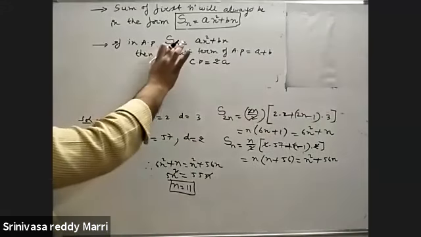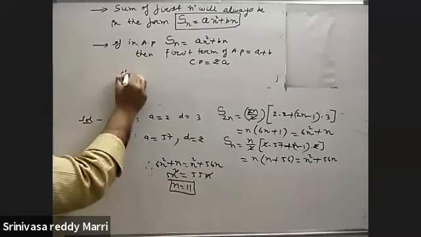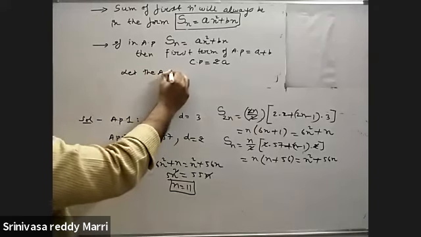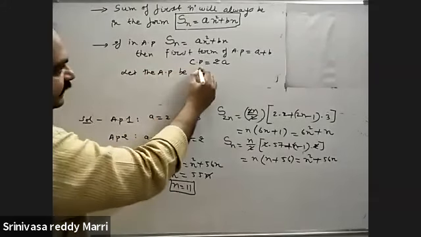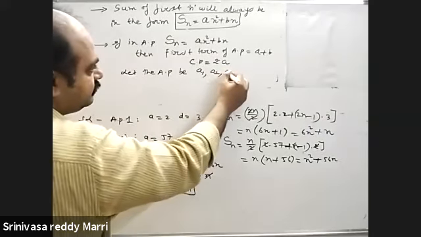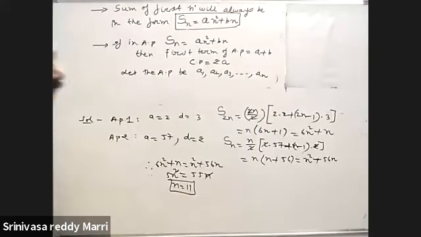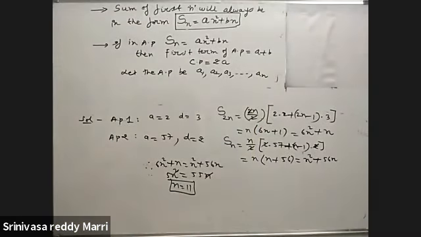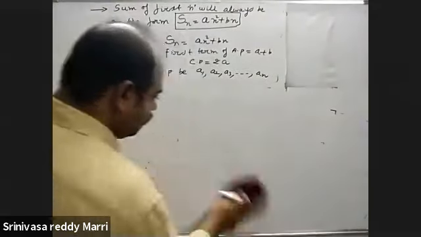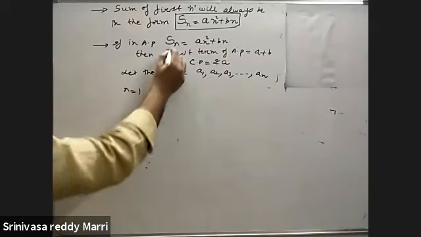Now the sum of n terms is in this form. Let the AP be A1, A2, A3 and so on. In the given expression, I am substituting n equal to 1.